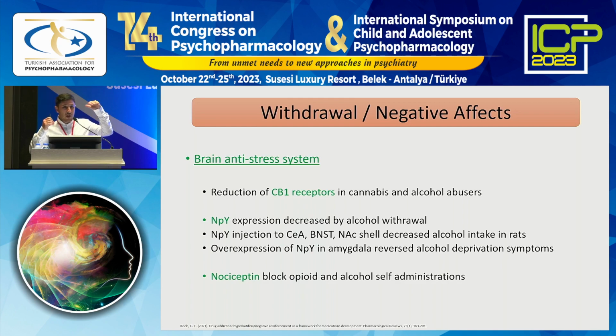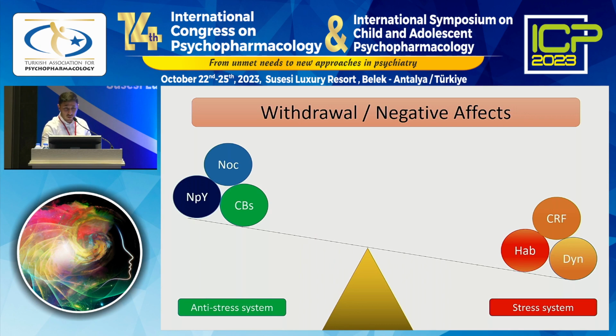Of course, in the system there is a stress system, but on the contrary, also an anti-stress system. Here we can speak about the endogenous cannabinoid system. In terms of long-term use, we can speak about CB1 receptors, reduced neuropeptide Y, and nociceptin, which are important actors within the system.